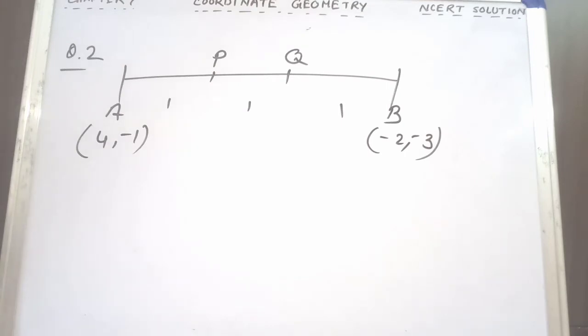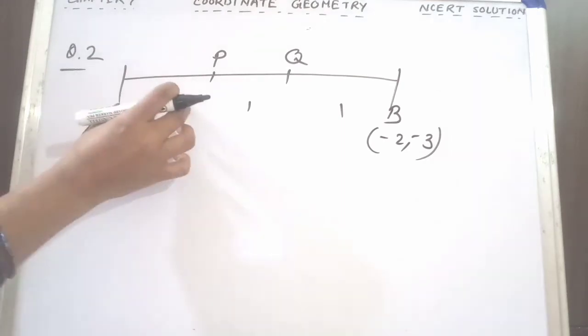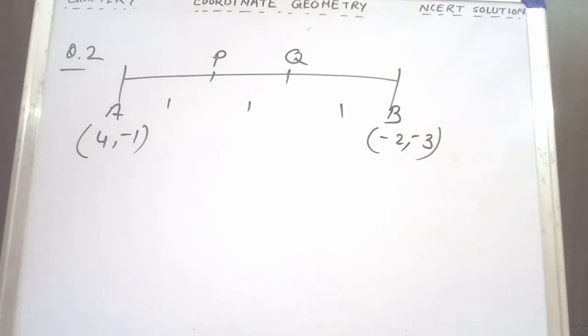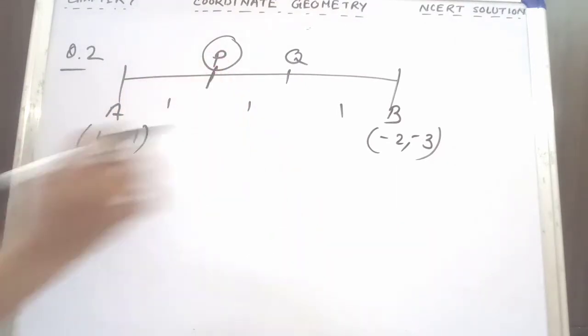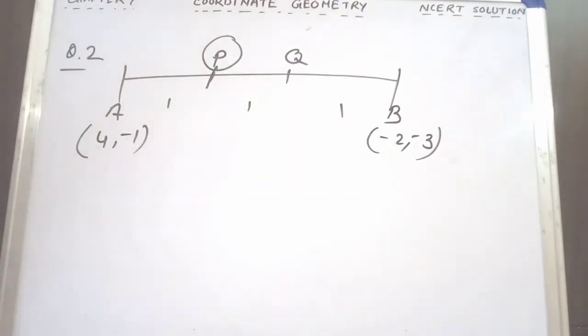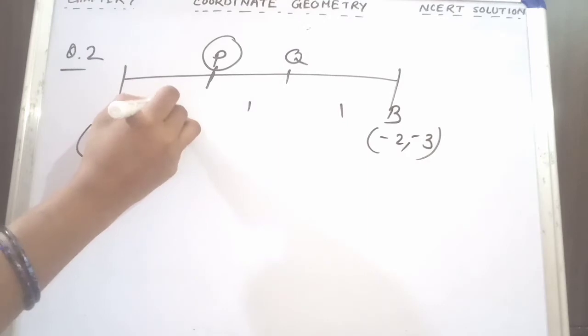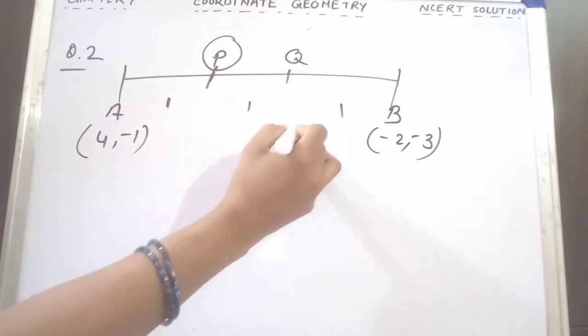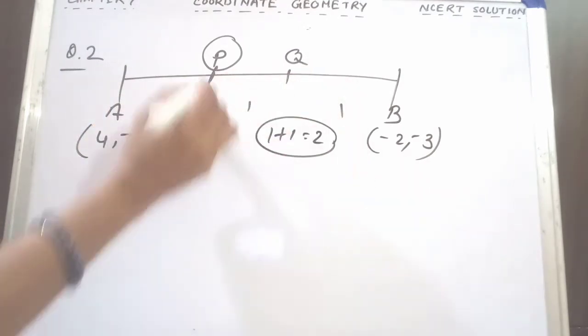So now, when we use the section formula, we need the ratio. Here the ratio is 1:1:1. Therefore, point P divides AB internally in the ratio 1:2. That means 1 plus 1, 2.